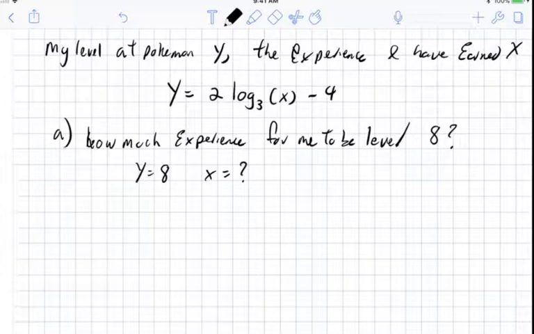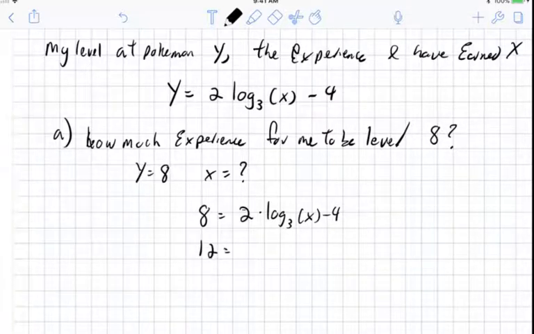Plug it into the equation. So again, the point here is that I want to rearrange it so the logarithm is alone on one side. Add 4 to both sides. Divide both sides by 2.